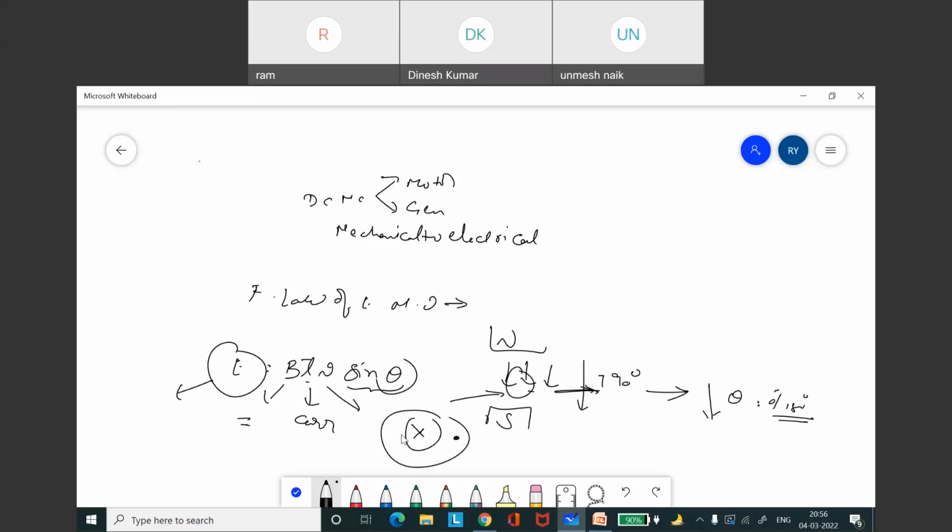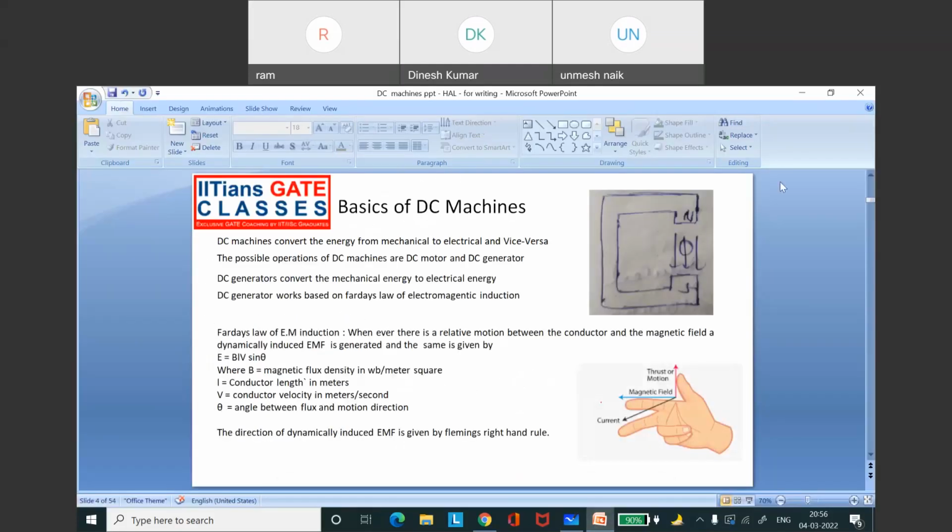So this notation is given by Fleming's right hand rule. I have consolidated all in the slide itself. So Ramesh, are you clear? Do you have any doubt in this slide? Yes, sir. Clear, sir. Go to the next.